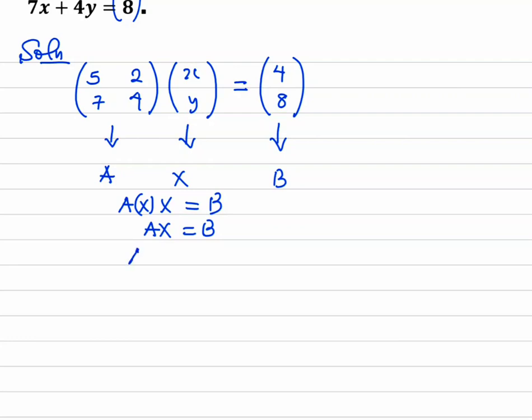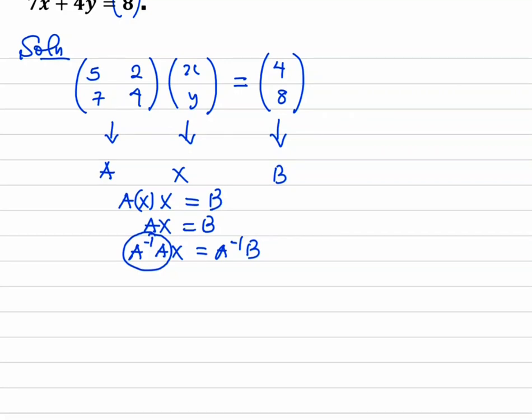So if I have the inverse of A multiplying this, then of course you do it for both sides. This particular multiplication will give you an identity matrix. And any matrix you multiply by an identity matrix remains the same. So that is the knowledge we are going to use.